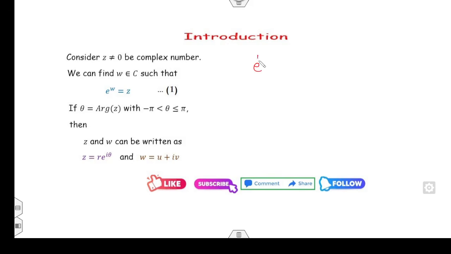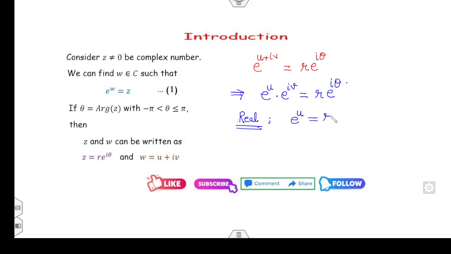If I substitute in the given equation, then e raised to power u plus iota v is r e raised to power iota theta. I can open this as e raised to power u times e raised to power iota v, which is equal to r e raised to power iota theta. Fine. I can equate the components. The real component on both sides is e raised to power u is equal to r.